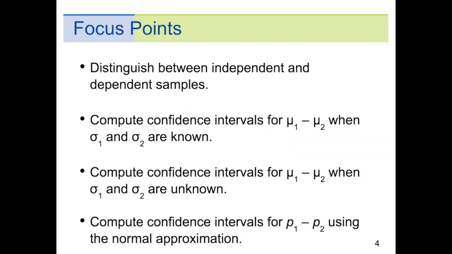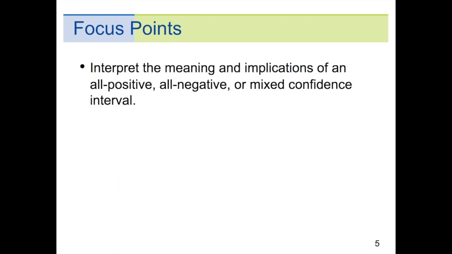Focus points: to distinguish between independent and dependent samples, to compute confidence intervals for mu sub 1 minus mu sub 2 when sigma sub 1 and sigma sub 2 are known, compute confidence intervals for mu sub 1 minus mu sub 2 when sigma sub 1 and sigma sub 2 are unknown, compute confidence intervals for p sub 1 minus p sub 2 using the normal approximation, and interpret the meaning and implications of an all positive, all negative, or mixed confidence interval.